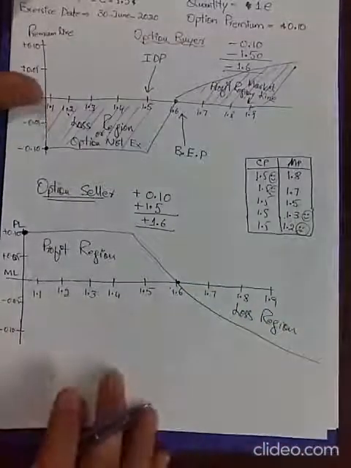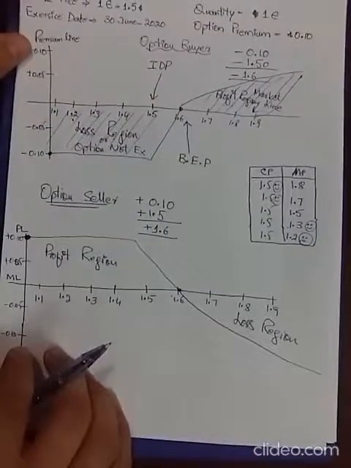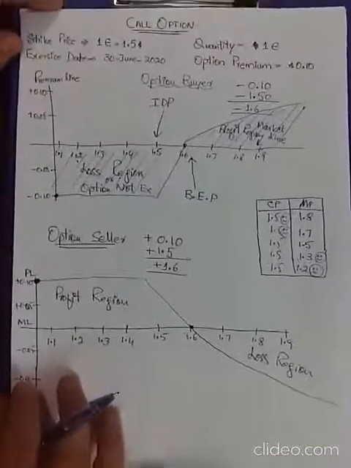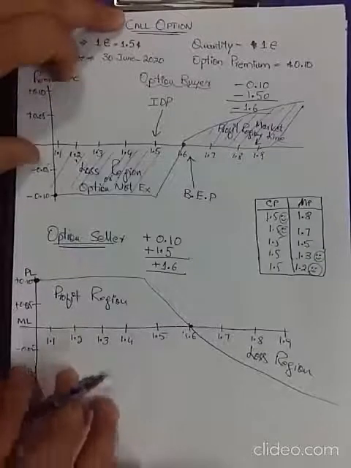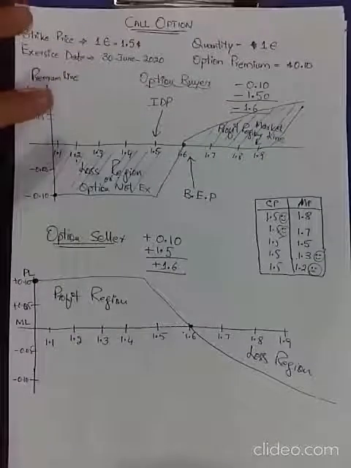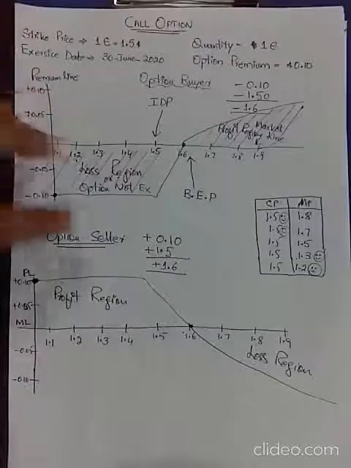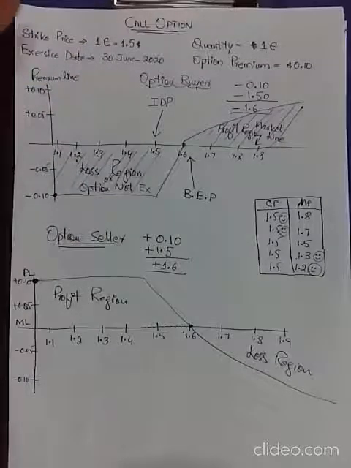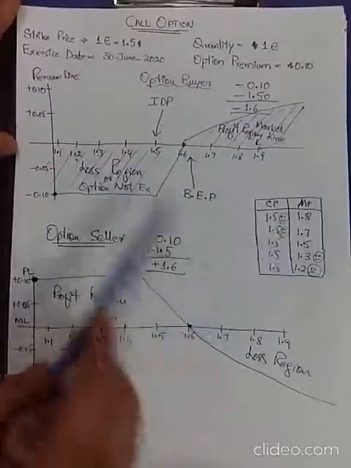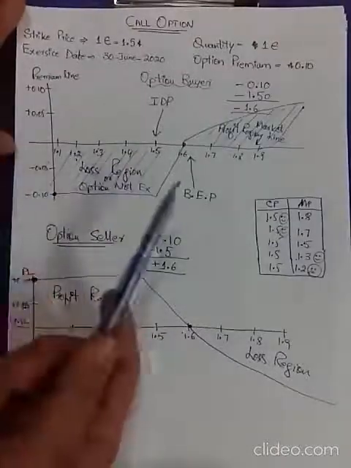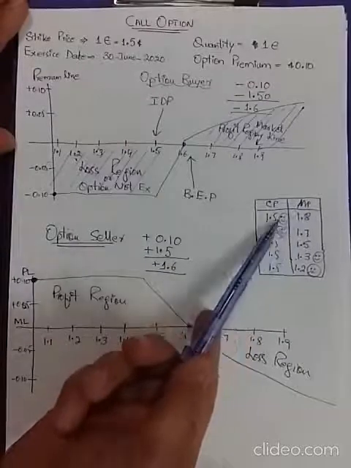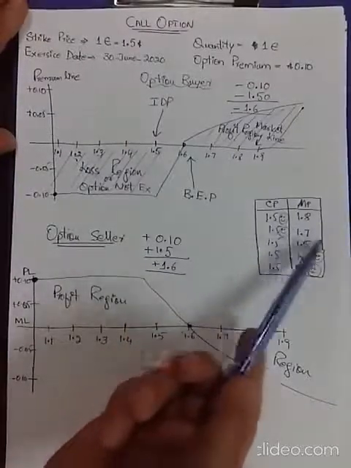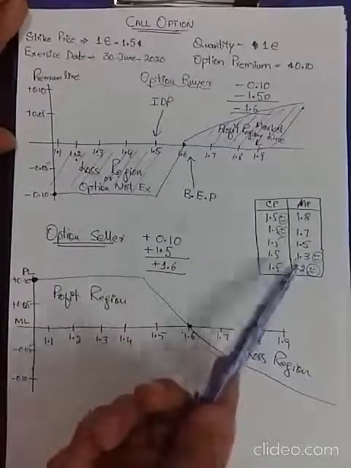So that's the payoff profile for the call option. The call option was the right to buy, where we were trying to buy a euro, €1, okay, and that's the overall situation. Before finalizing our decision, we try to compare the prevailing market prices with the contract prices, and then we see which one is a better trade-off for us from where we can buy.